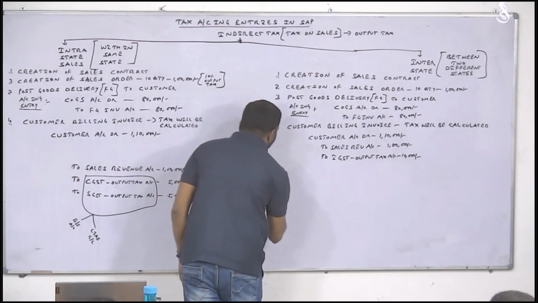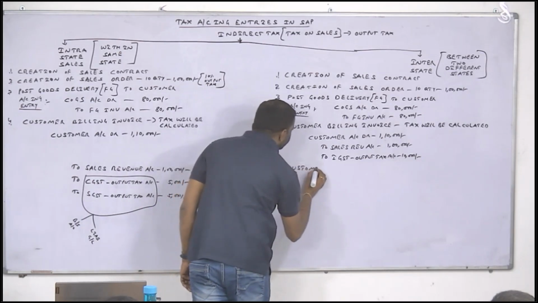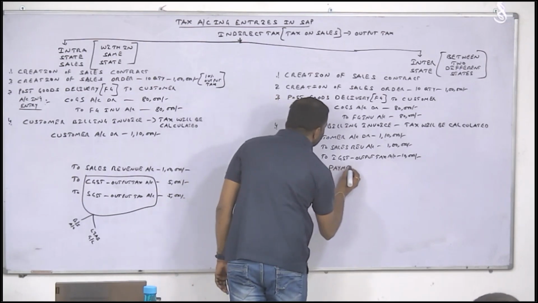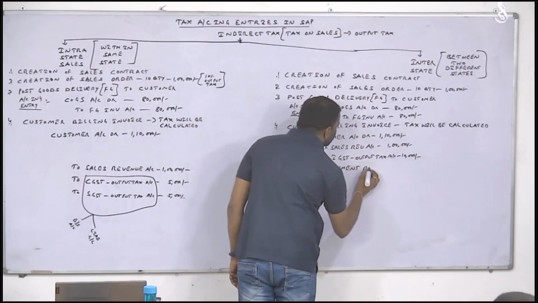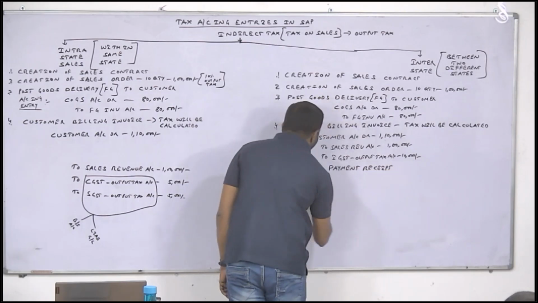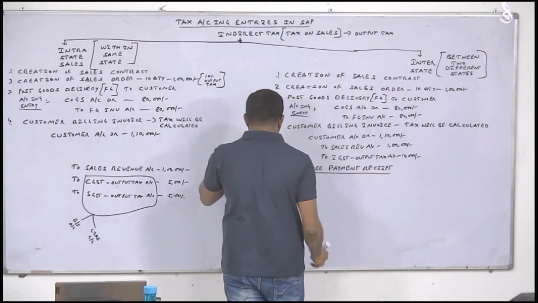Then what is the next one? Customer payment received. What is the accounting entry? Check issue clearing account.